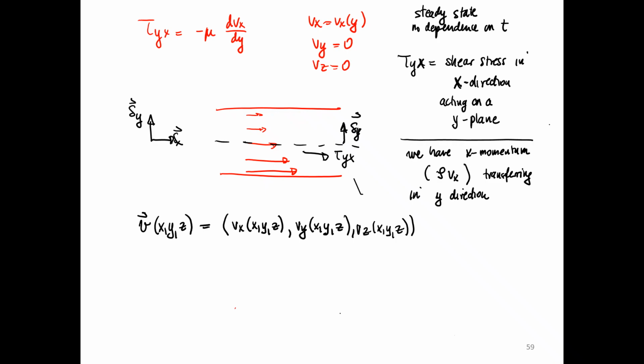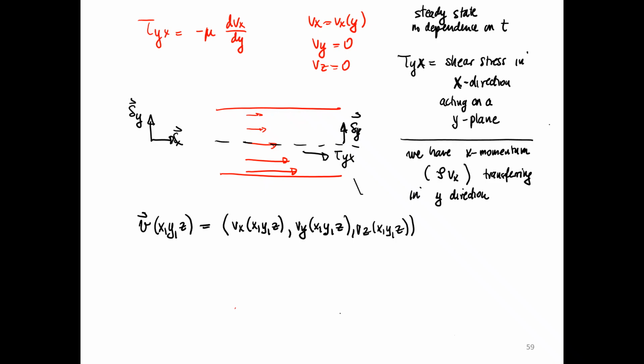Right? And now I'm going to describe how this momentum transfers, or what are the forces acting on a fluid. I still need to separate myself and look at it across 3 different planes. And if I sum up what happens across 3 different planes, I'm going to describe what's happening in 3 dimensions altogether. So I'm still going to have tau yx. And tau yx is going to tell me about the x momentum transfer across y plane.